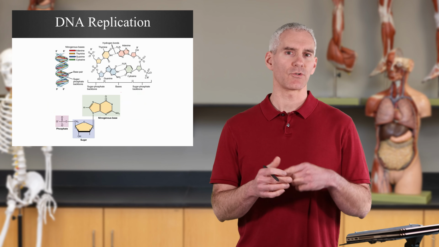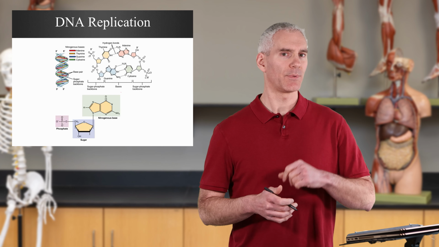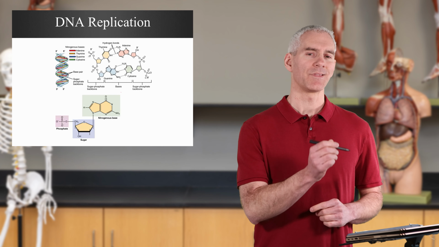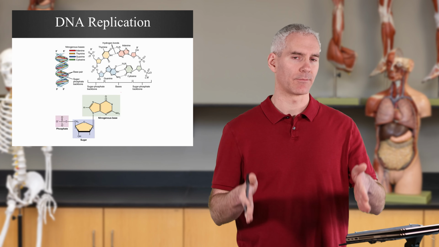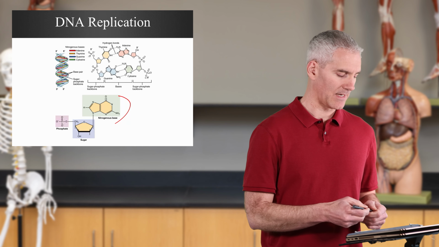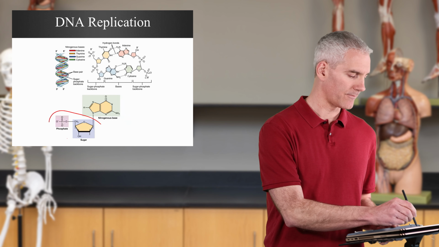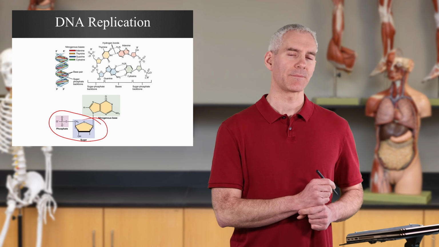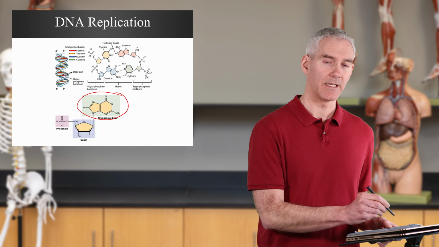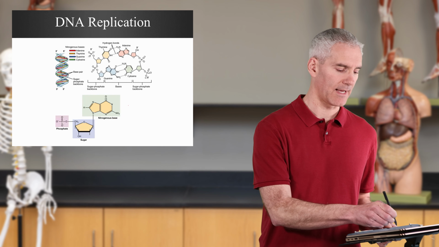So as we go through this transcription and the actual duplication or replication part, keep in mind the structure. The DNA backbone, the actual ladder outside pieces, is going to be that sugar and the phosphate. That makes up the outside rails, while the nitrogenous bases, which are right here, make up the rungs of the ladder.